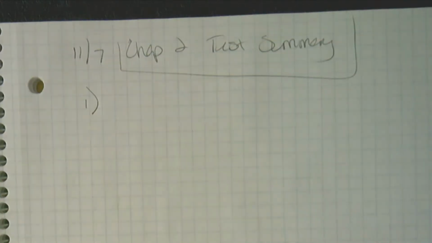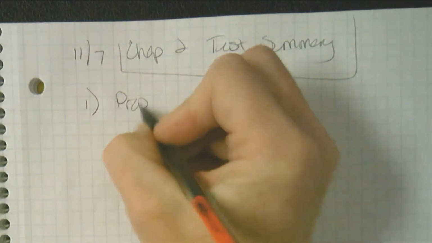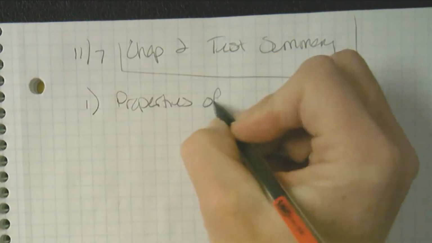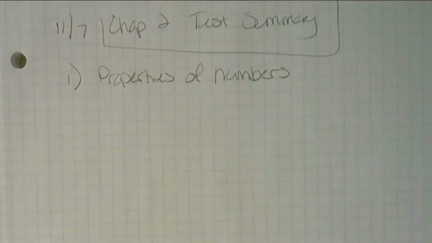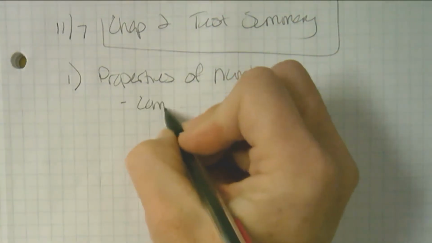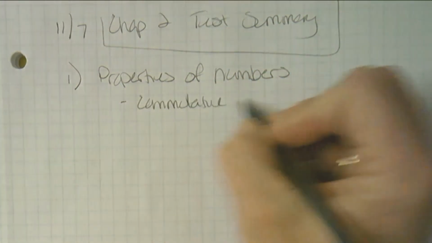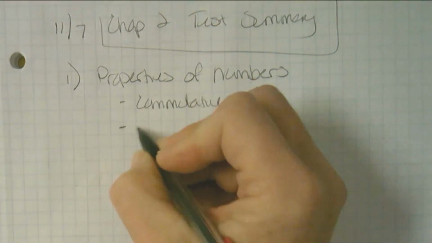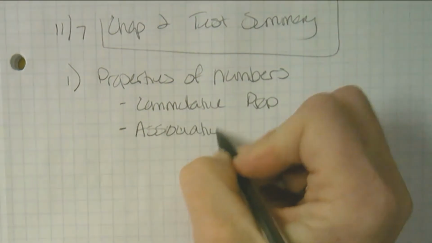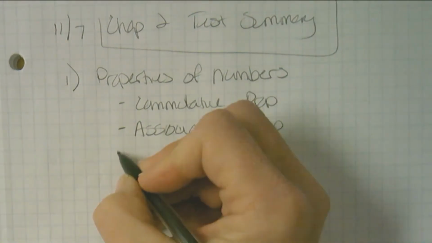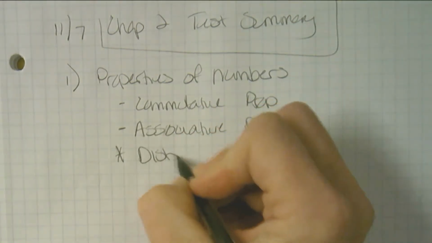All right, the first thing that we talked about were properties of numbers. This was commutative property. This was associative property. And the big one was distributive property.